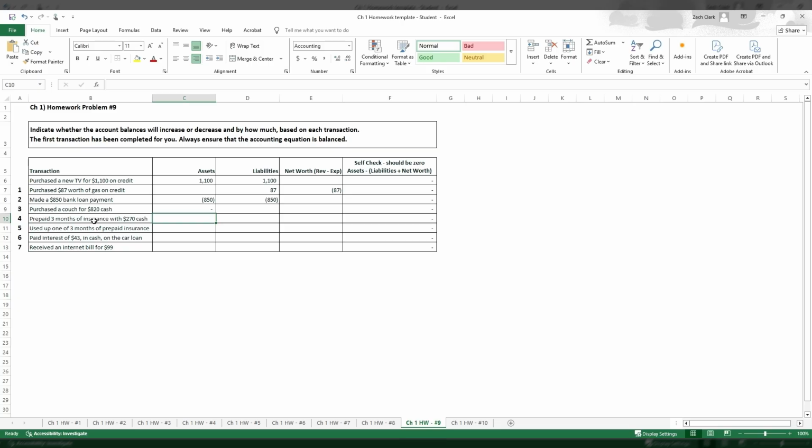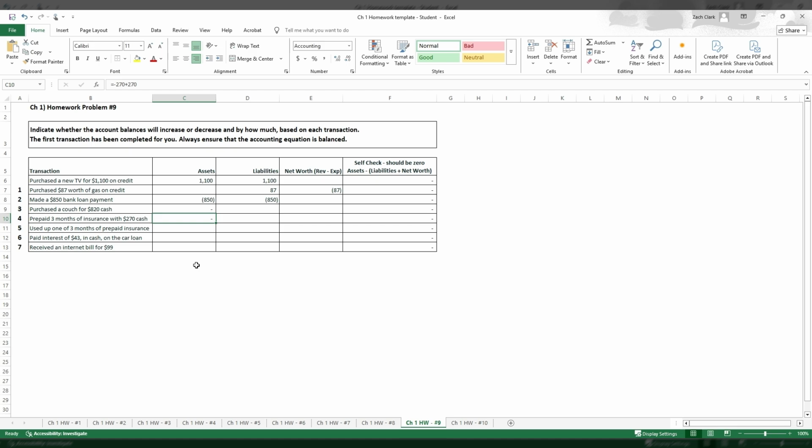Similarly, we prepaid 3 months of insurance with $270 of cash, and so that's kind of the same thing here. I'll explain a little bit more in a moment. So we're going to have minus 270, indicating we reduced our cash asset by 270. And then we increase our prepaid insurance asset by 270, resulting in 0.